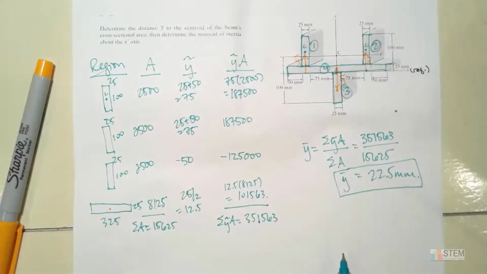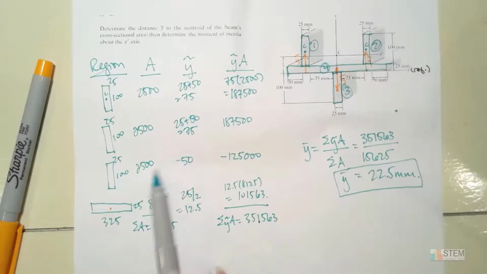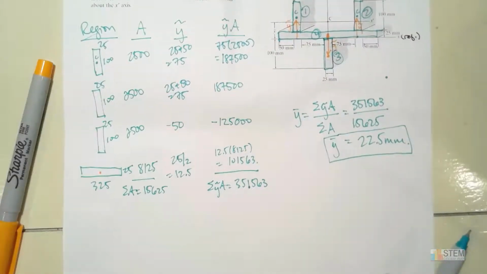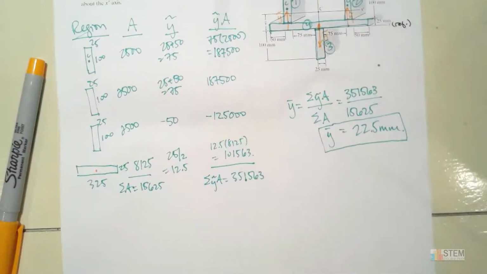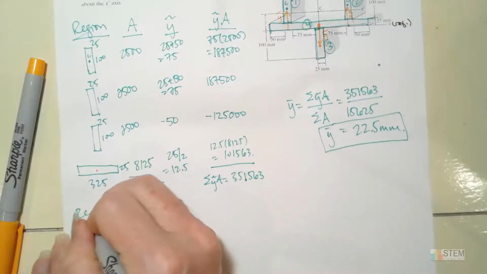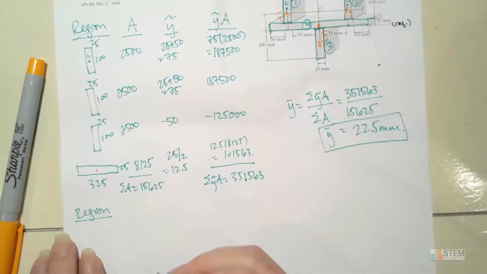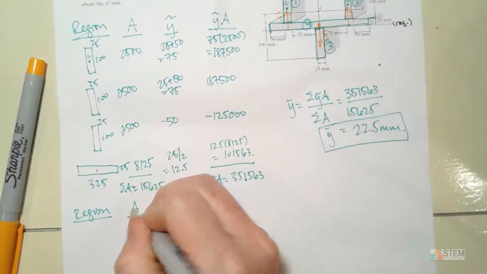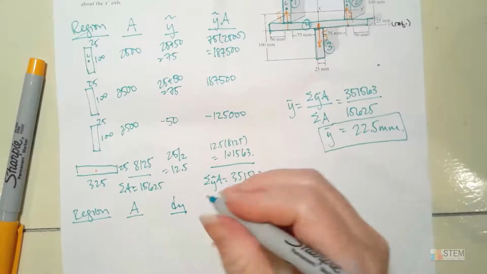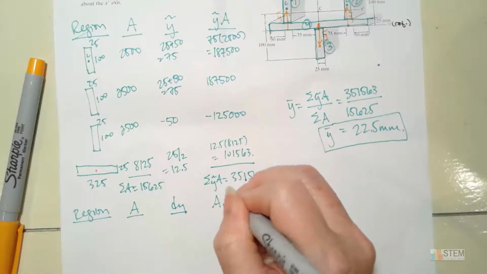So that's the first part. Now we got to find the moment of inertia about the x prime axis. And we're going to use some of this information from this table. All right, I'm going to make a new table for the moment of inertia one, but we will copy down some of that same information. Okay, so I'm going to have region again. I'm going to have area. I'm going to have dy. We're going to have a dy squared.